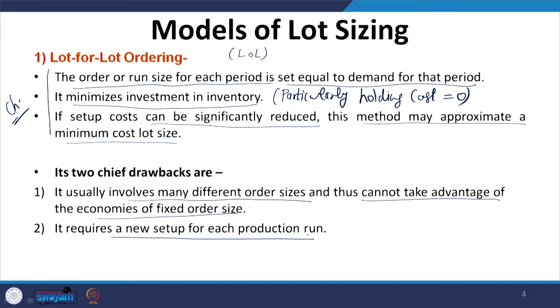So, a lot of resources. Practically these things are true, but theoretically, if setup cost can be significantly reduced, it is going to be a zero inventory cost kind of lot sizing decision, but practically you have to incur some cost in this setup. So, this is about the lot sizing.